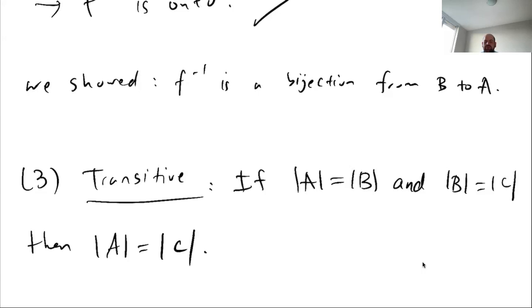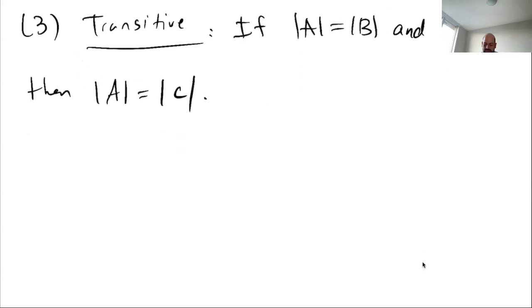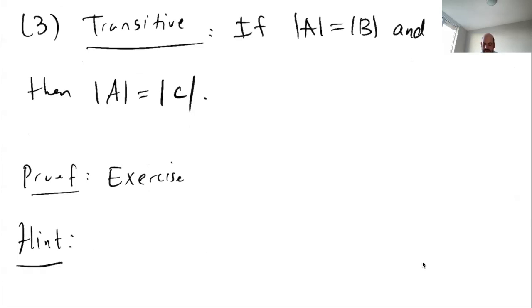So how can you prove this? Proof, let me leave as an exercise, but I can give you a hint. Let me tell you the path, what you need to show. Here cardinality A equals cardinality B. So what is the assumption?